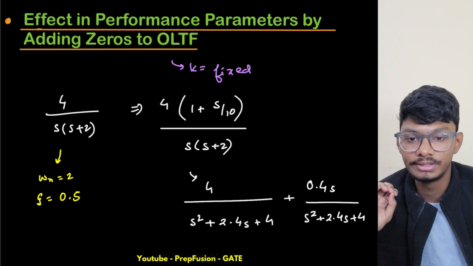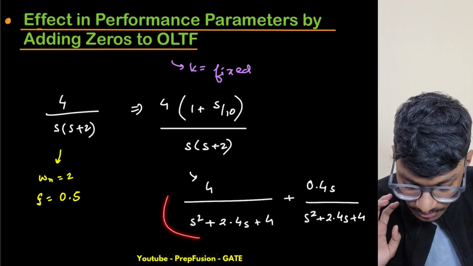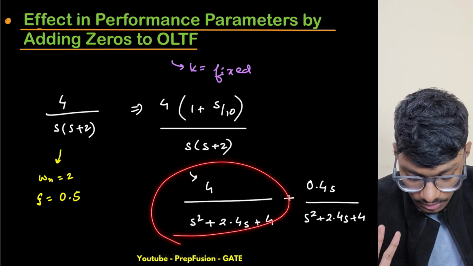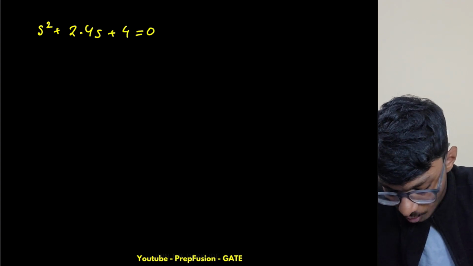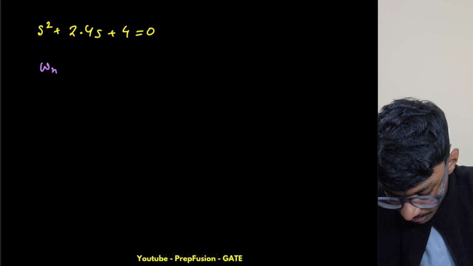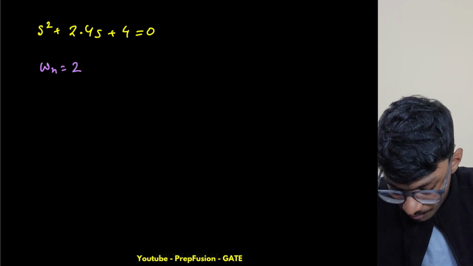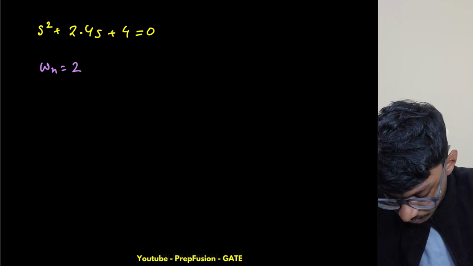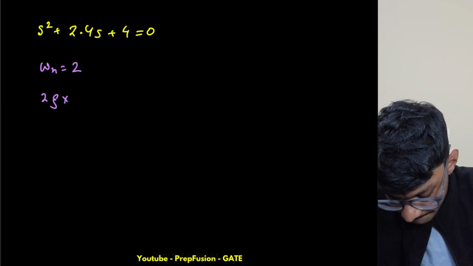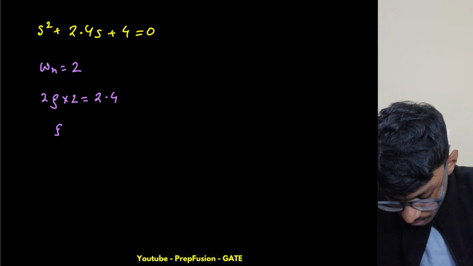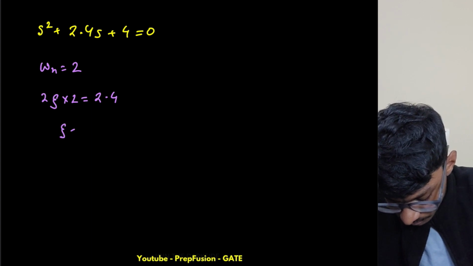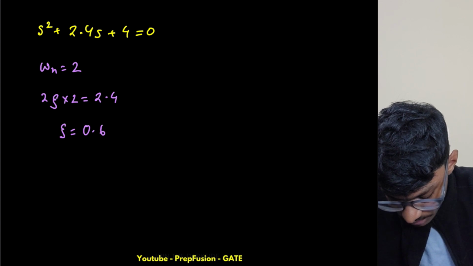Now what will be the response of this one? This one is very simple. My characteristic equation is s square plus 2.4s plus 4. My omega n is still 2, but my zeta is 2.4 over 4, so my zeta becomes 0.6.